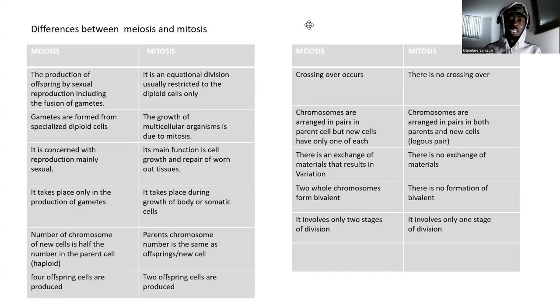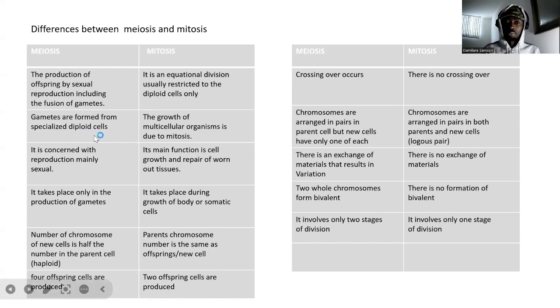Now, mitosis is an equational division, usually restricted to the diploid cells only. That is why we talk about groups, because it's a diploid cell, which is the same as the somatic cell, the body cell, which undergoes continuous division to produce new offspring. So gametes are formed from specialized diploid cells.